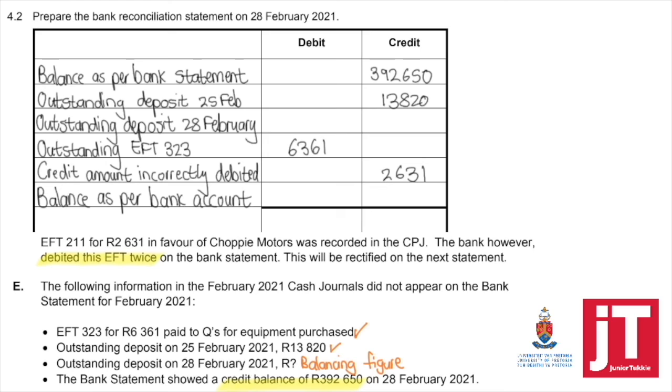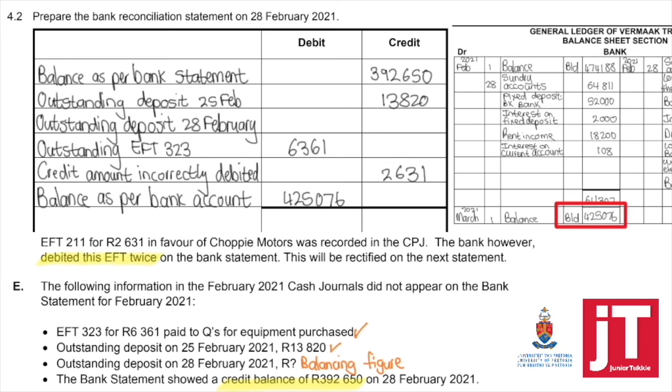Balance as per bank account. It was calculated as a favorable balance, 425,076. Remember, as it appears in our books, a favorable balance appears on the debit side, so it will appear on the debit side in the bank reconciliation.